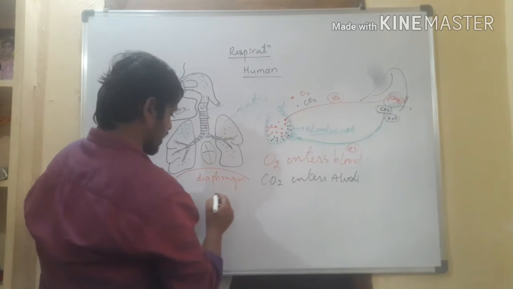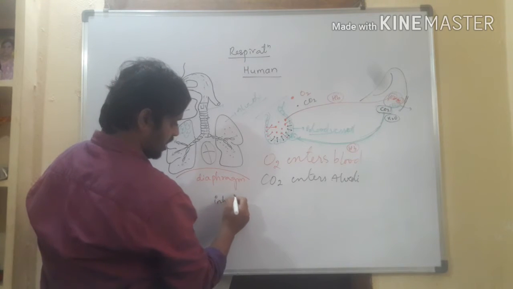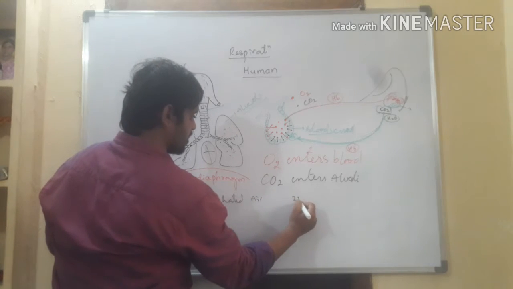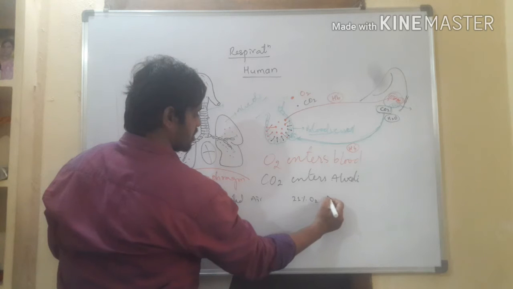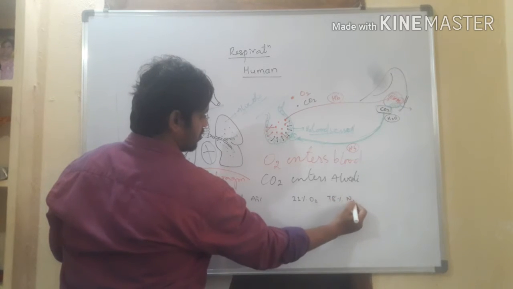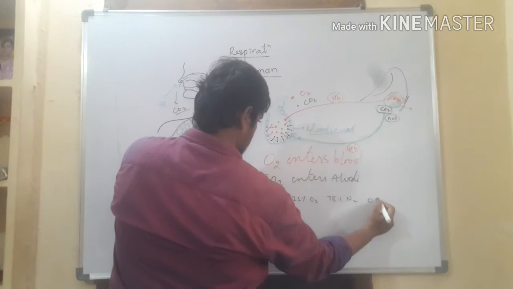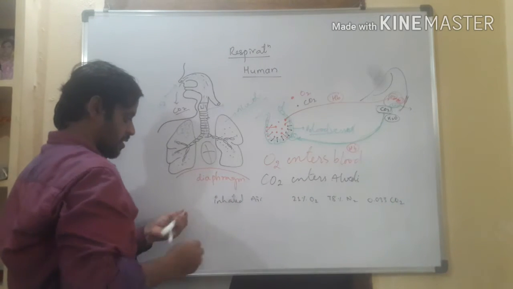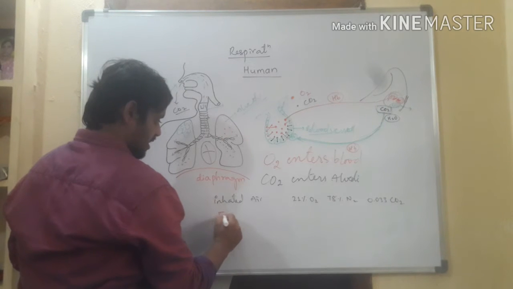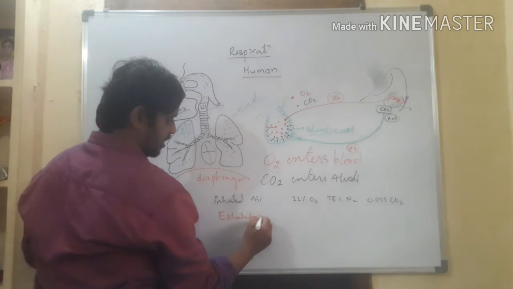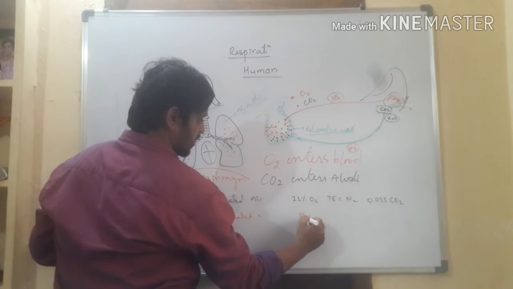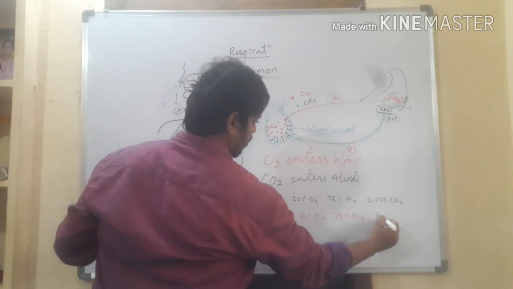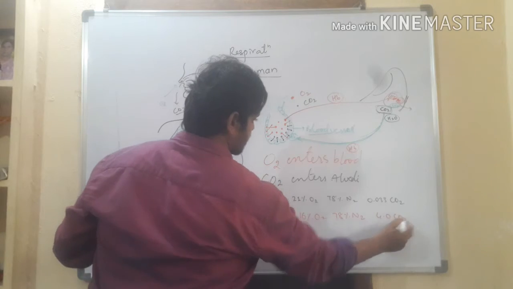For example, inhaled air contains 21% oxygen, 78% nitrogen and 0.033% carbon dioxide. Whereas exhaled air contains 16% oxygen, 78% nitrogen and 4% carbon dioxide.